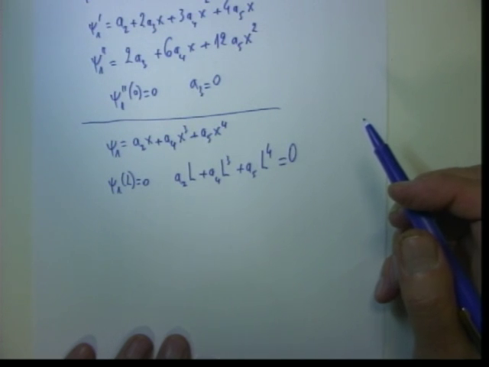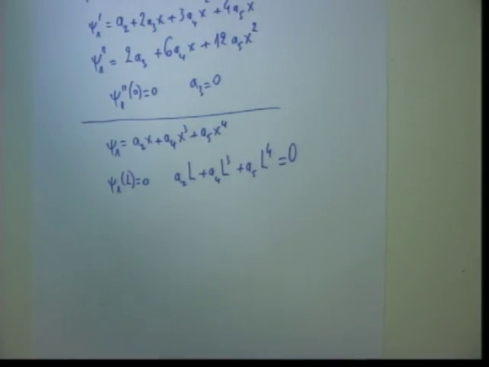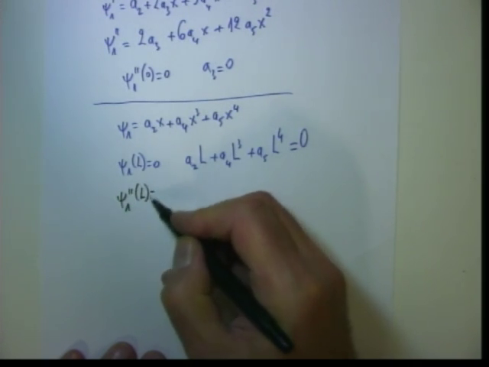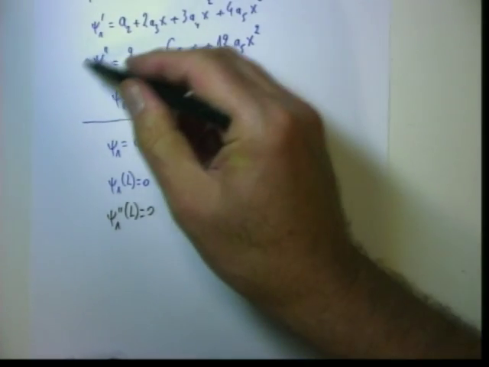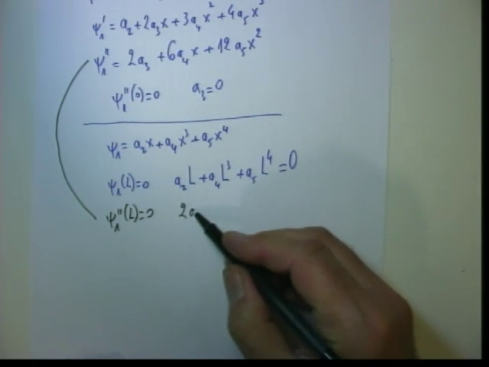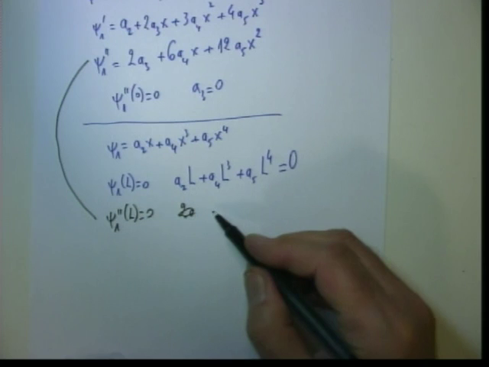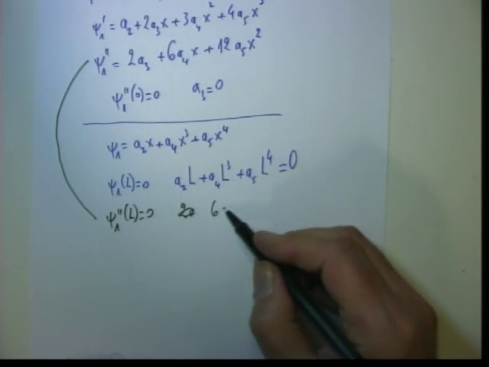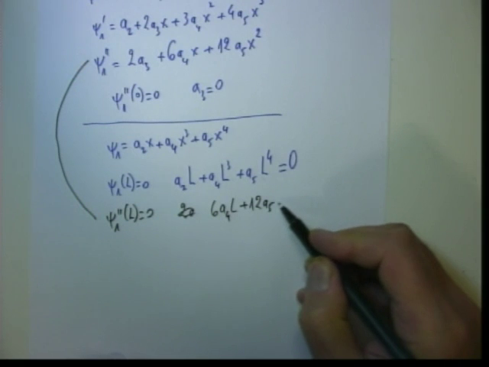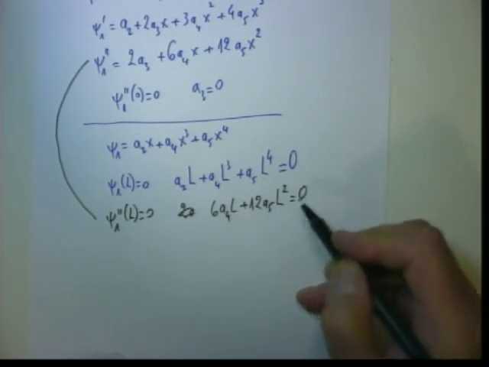You agree? Am I going too fast? No. Then psi 1 second derivative at L must be 0. So from here I get 2 times A3, but we showed that A3 is 0, so 6A4L plus 12A5L squared equals 0.